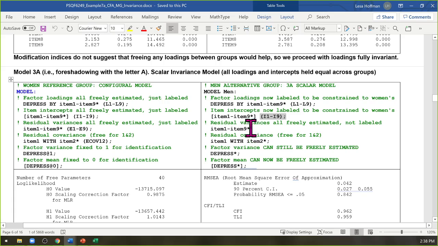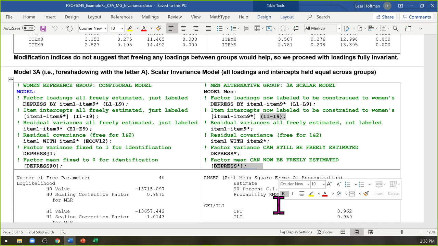And in order to not also force a structural constraint, we are now allowed to estimate the factor mean, excuse me, goodness. So we're testing whether the intercepts are the same and whether or not the factor mean is what was responsible for any previous intercept differences.